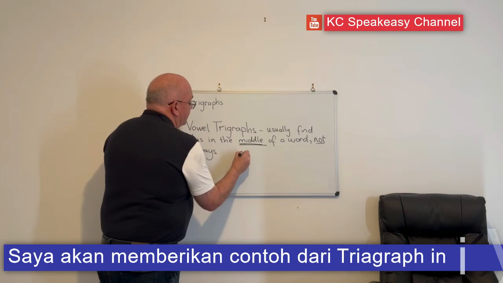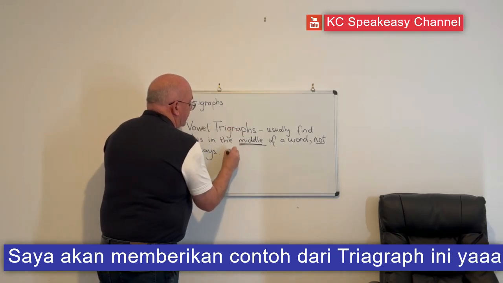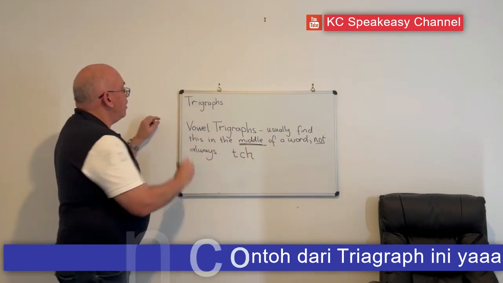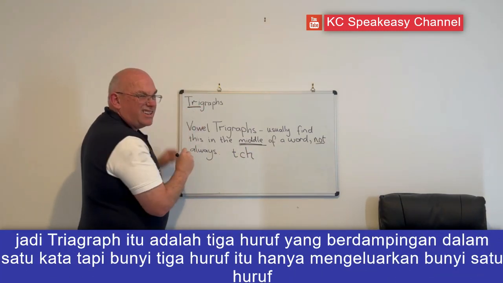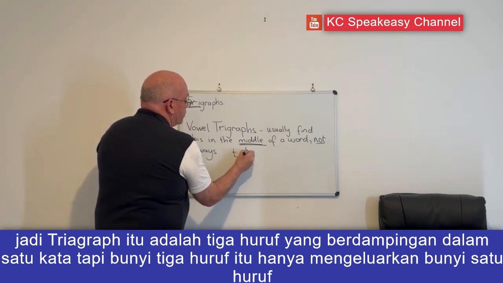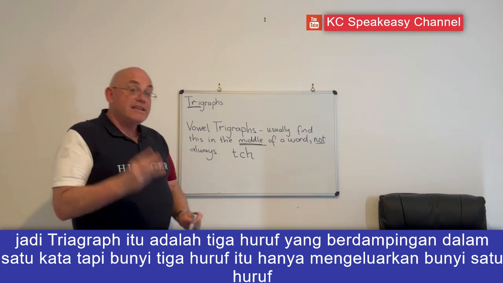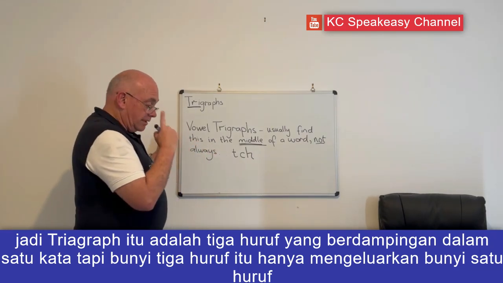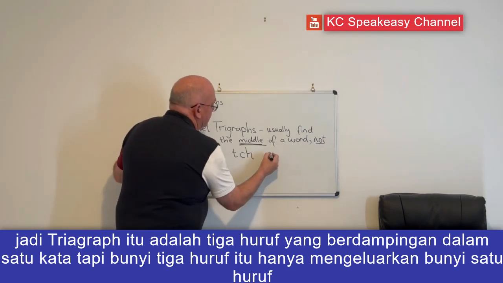Here's one, T, C, H. So there's the tri, which means three in English. So there's the three letters, 1, 2, 3. But these three letters put together, they make the sound like this.